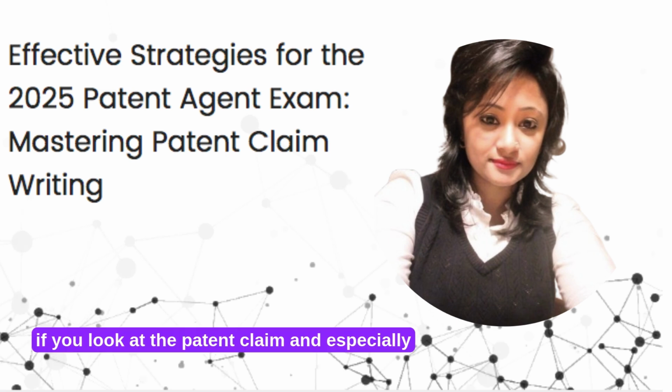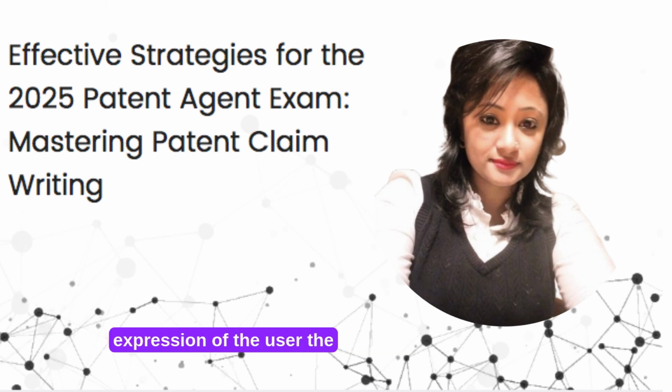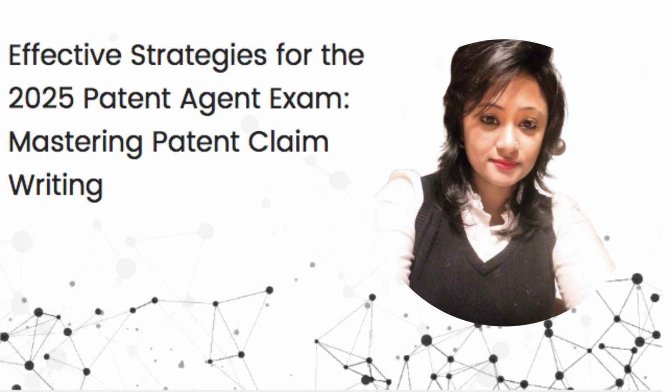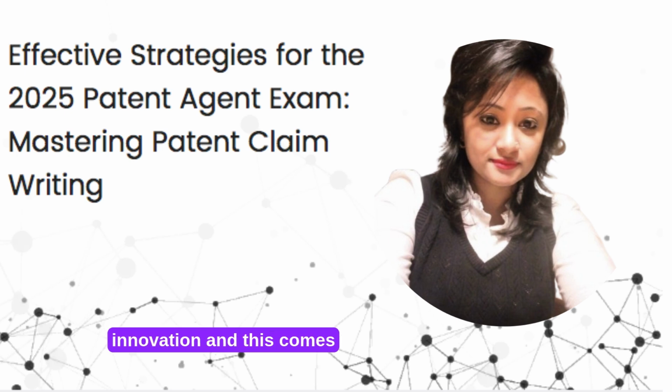Now, if you look at the first patent claim, this is an independent patent claim: a computing device for generating an avatar with a facial expression corresponding to a facial expression of the user. This is the preamble of this innovation, and it comes before the transitional phase.